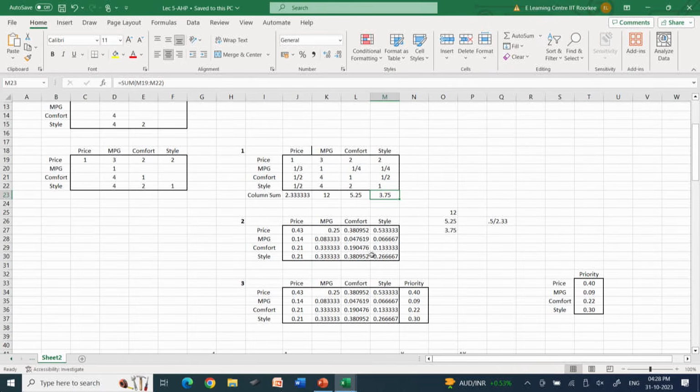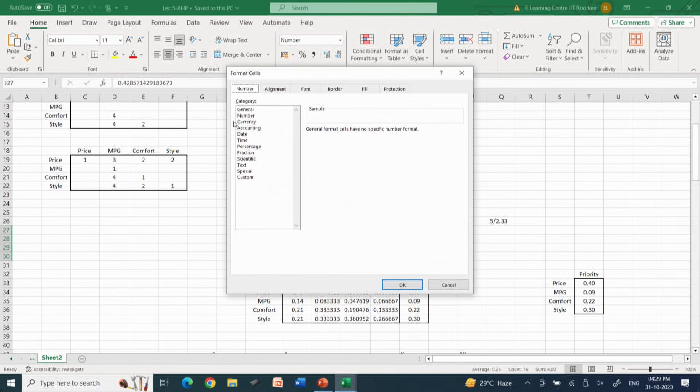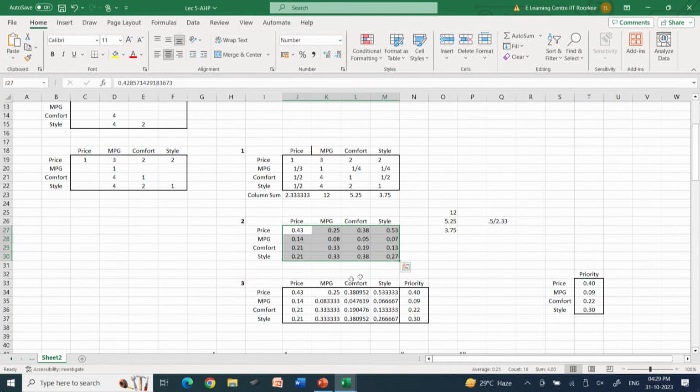The next step is each element, for example 1, has to be divided by the column sum. So, if you divide 1 upon 2.33, we are getting 0.4285, for example 0.43 if you consider only 2 decimals. So, everywhere we will consider only 2 decimals here.